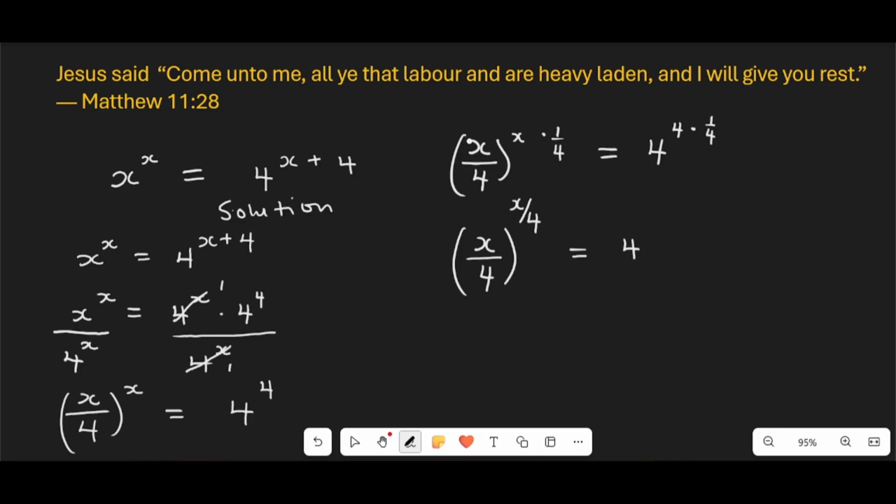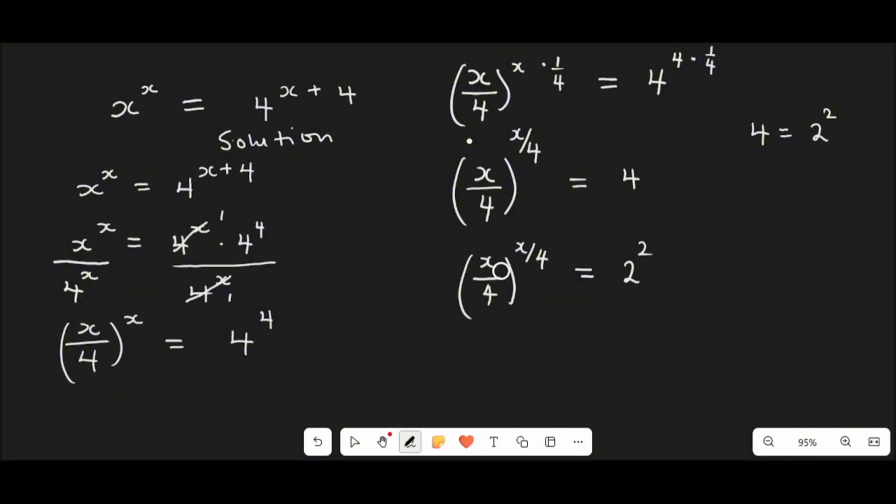And I want you to note that 4 is equal to 2 raised to power 2. So in place of 4 here, let us put 2 raised to power 2. x over 4 all raised to power x over 4 is equal to 2 raised to power 2. Now in the left hand side, you see that our base is x over 4 and our power also is x over 4.